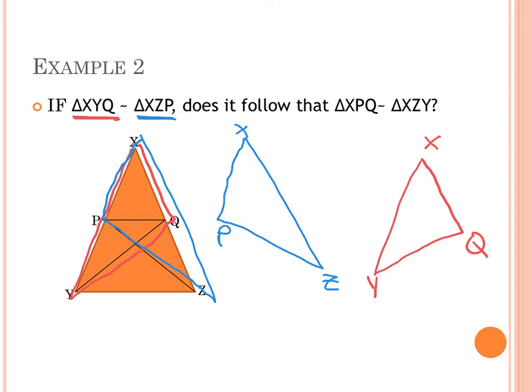Now, based off of my similarity statement, I can see that angle X and angle X are the same. They're in the first spot, so they're congruent.